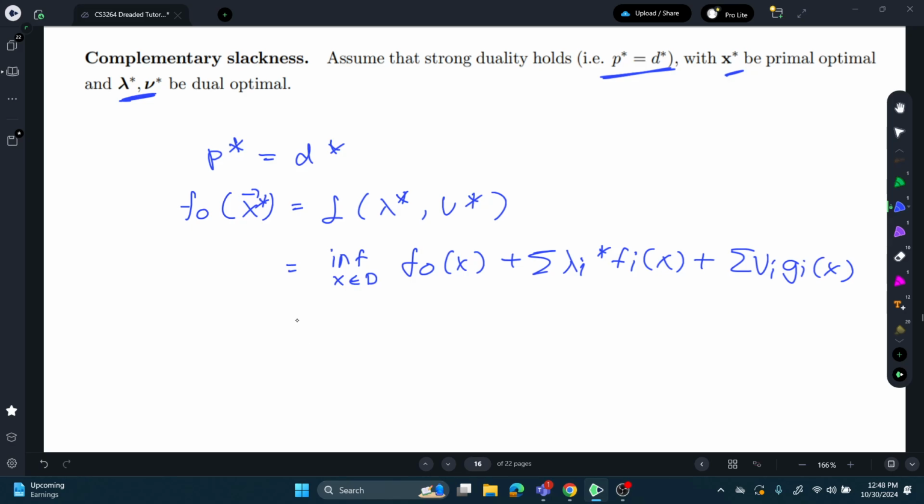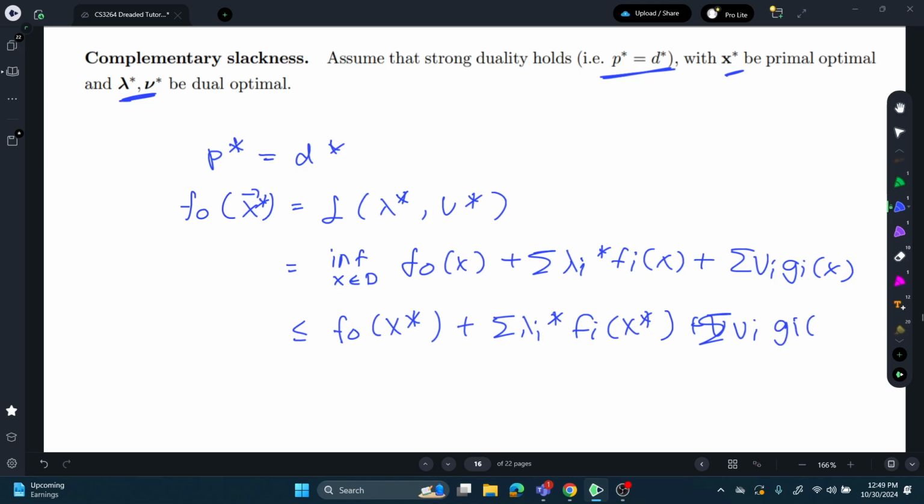So, for example, if I substitute this x by x star, I know that this value for the Lagrangian function will be greater than or equal to whatever the lower bound we have found. Okay, so this will be my f0 x star plus the sum of lambda i star fi x star plus sum of nu i gi x star.